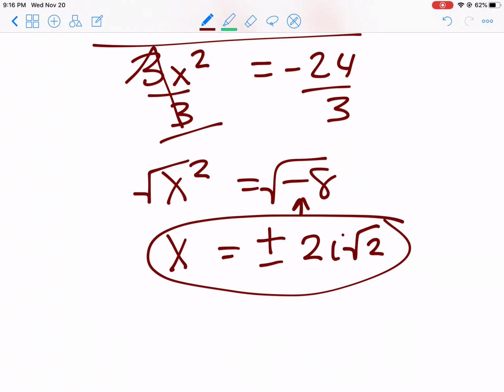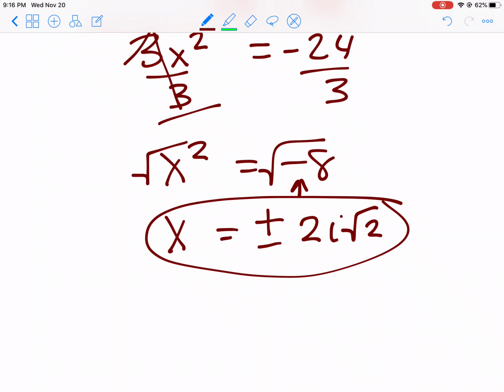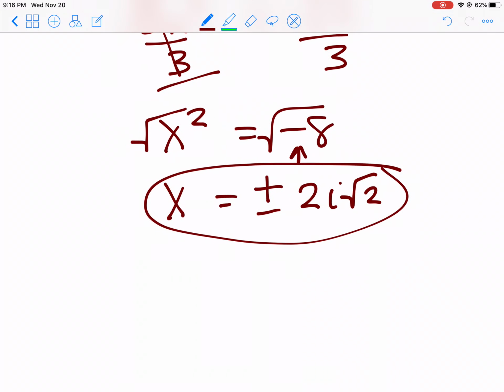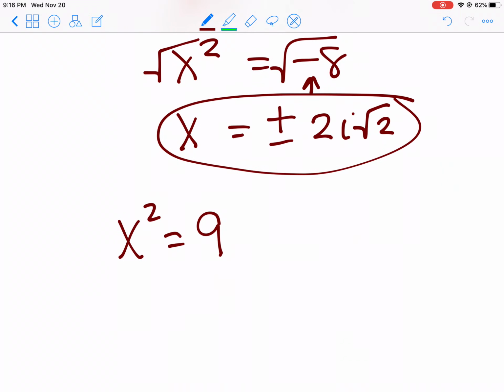Just a quick reminder of why we're doing the plus and minus. Okay, so let's take a look at this. Again, this is just a made-up problem, so this isn't one of the problems on there. I'm just throwing in another something for us to think about. If we know that x squared equals 9, we can probably just guess that x needs to be 3, because 3 times 3 equals 9.